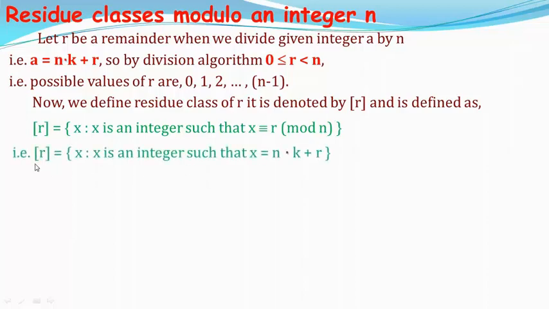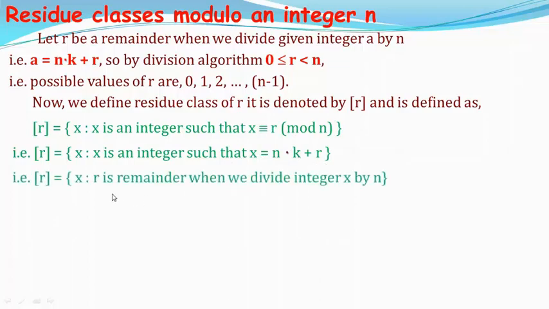That is, the residue class of R is the set of all x such that x is an integer and x is equal to n into k plus R. That is, the set of all x such that R is the remainder when we divide the integer x by n. So here when we divide the integer x by n, the remainder is R. So those x satisfying this condition belong to the residue class of R.